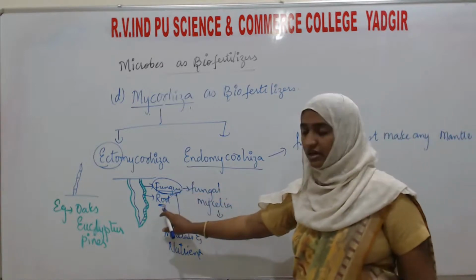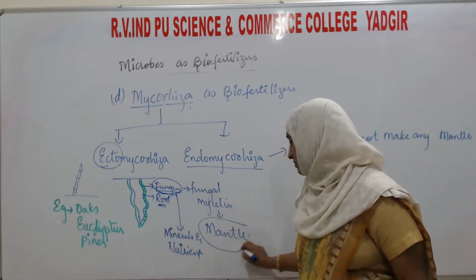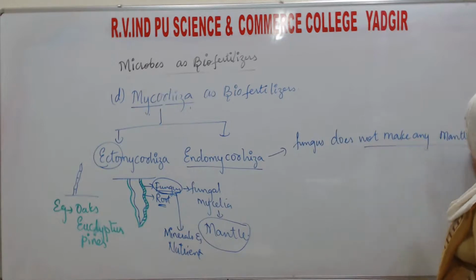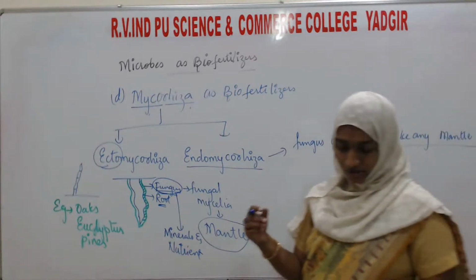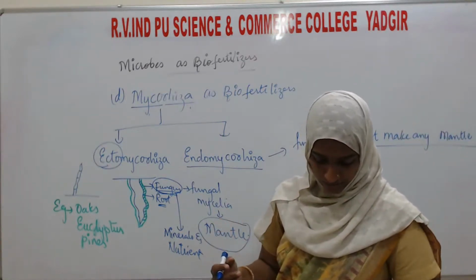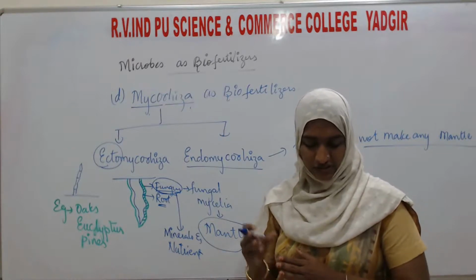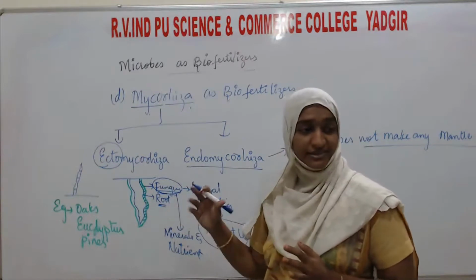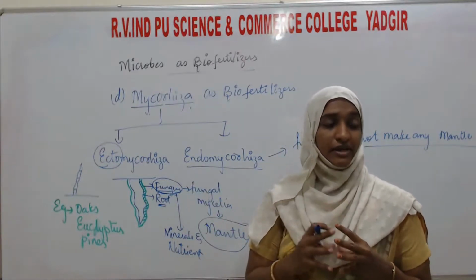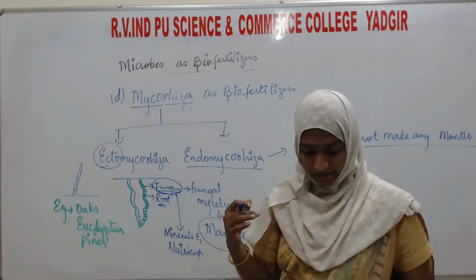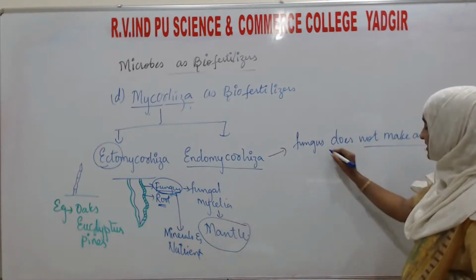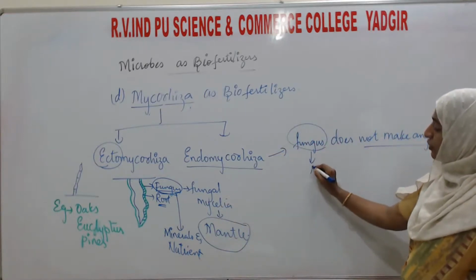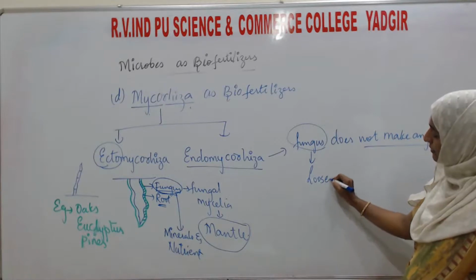Here it is forming a mantle, but here they are not going to make any mantle. In the ectomycorrhizae they are tightly bound; whatever the fungus and root is there, they are in very close contact. But here, the fungus is loosely interwoven.